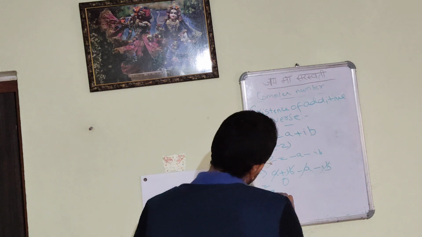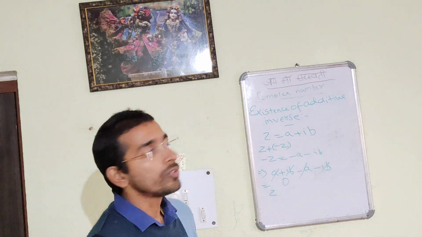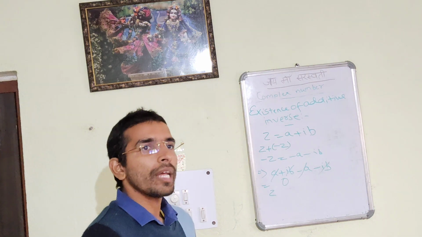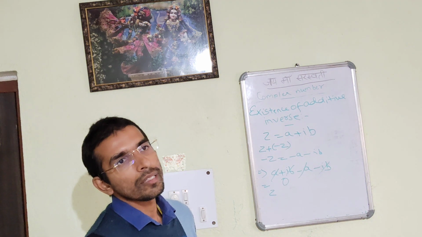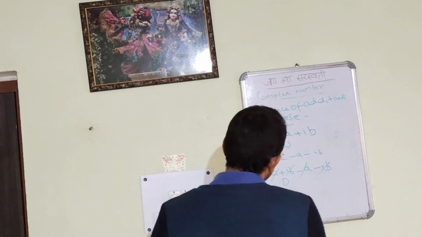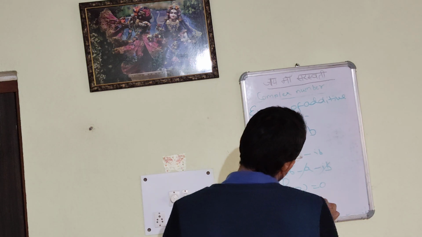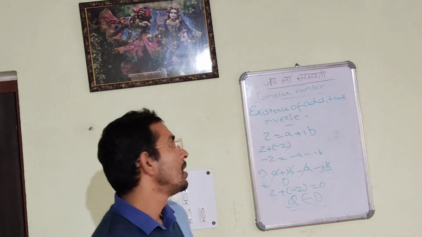So we can say there is a particular complex number z whose additive inverse is minus z, and when we are adding both the entities together, we are obtaining the number as 0. That is z plus minus z is equal to 0. That is quod erat demonstrandum, QED, that is established.